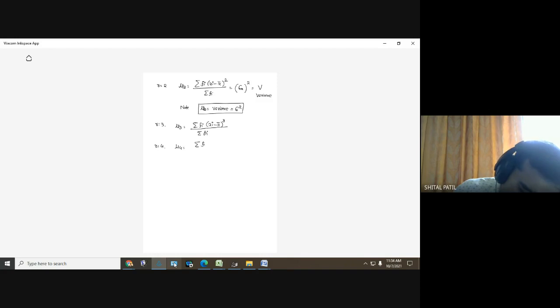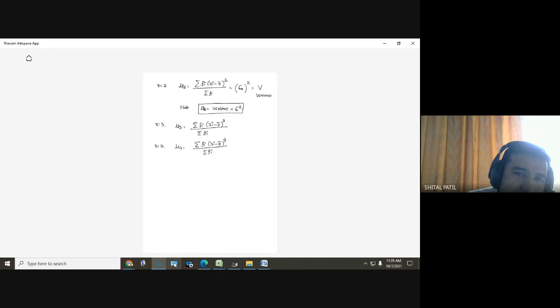Then for r equal to 4: summation of fi (xi minus x bar) raised to 4, divided by summation of fi. These are the moments about x bar, the central moments: mu naught, mu 1, mu 2, mu 3, mu 4.